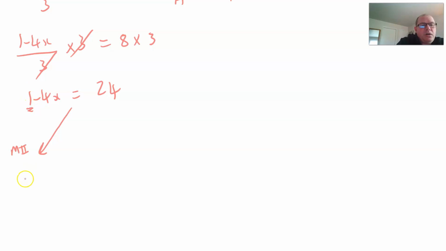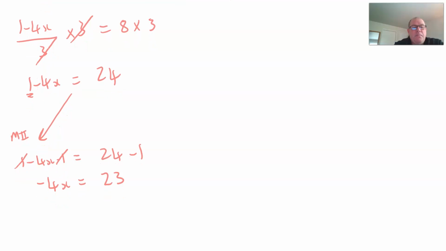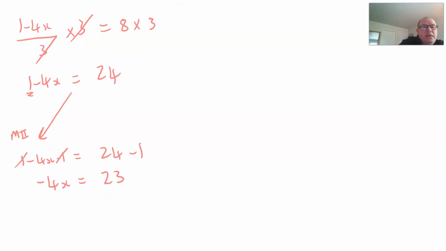I'll show all the working for you: 1 minus 4x minus 1 equals 24 minus 1. 1 minus 1 cancels, and be careful if you're doing it this way. You're not left with a 4x, you're left with a negative 4x. And that's where people will go wrong. So if you think you're likely to go wrong, don't do this method. And then you've got minus 4x equals 23, and we can divide both sides by negative 4.